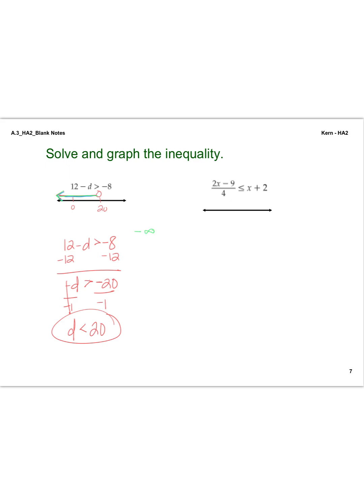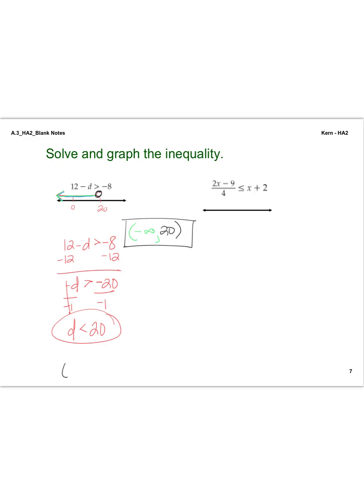And we know that negative infinity gets a parentheses because all infinities do, comma. And then you find where you stop on the graph. So we're stopping at 20. So 20 comes next. And 20 is an open circle. And from our last slide, we know that open circles also get parentheses. So your interval notation is negative infinity to 20.